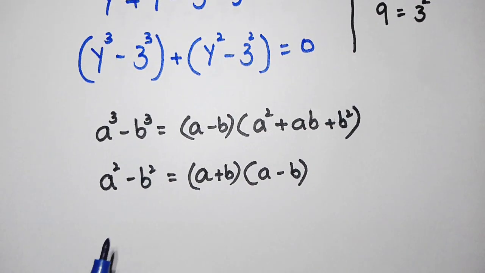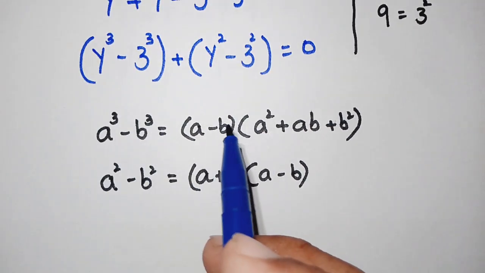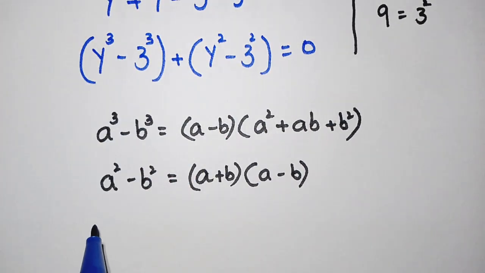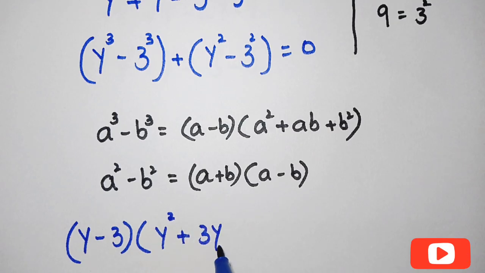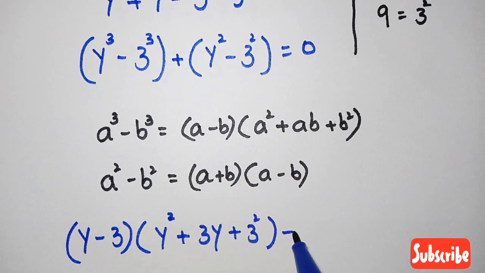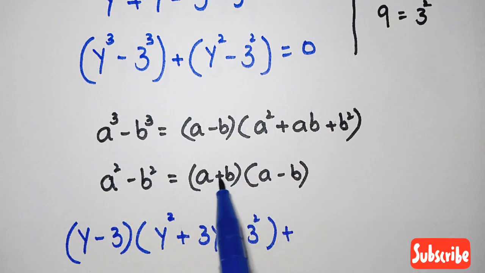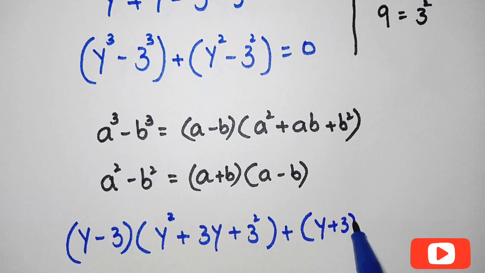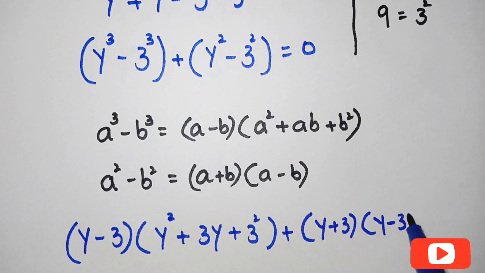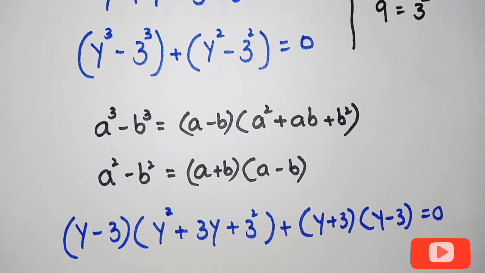So to apply this identity, this will become (y minus 3) times (y square plus 3y plus 3 square) plus, for this we use the other identity, (y plus 3) times (y minus 3), which is equal to 0.